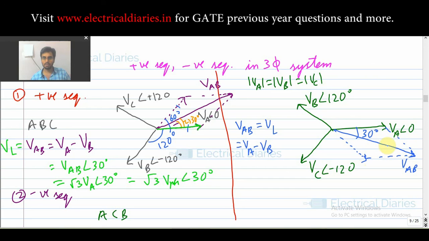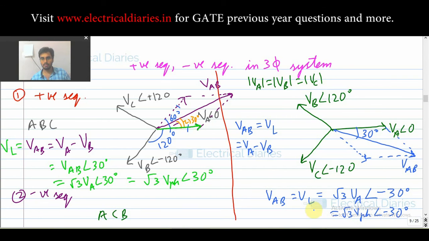So VAB, that is VL, has magnitude root 3 times V phase, taking the VA phasor as reference, but this time VAB is lagging by 30 degrees, in the clockwise direction, so it is minus 30. You can write it as root 3 V phase at an angle minus 30 degrees.